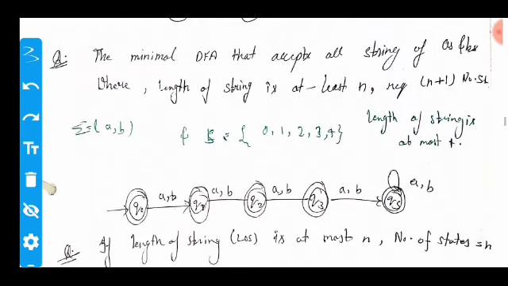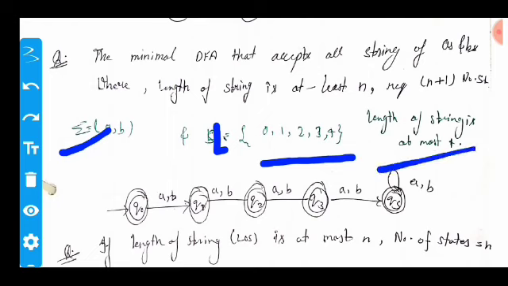The minimal DFA that accepts all strings of A and B where the length of the string is at most n requires n plus 1 number of states. We can easily find this with the input strings A and B, where the language has lengths 0, 1, 2, 3 and 4, because at most length 4 strings exist.